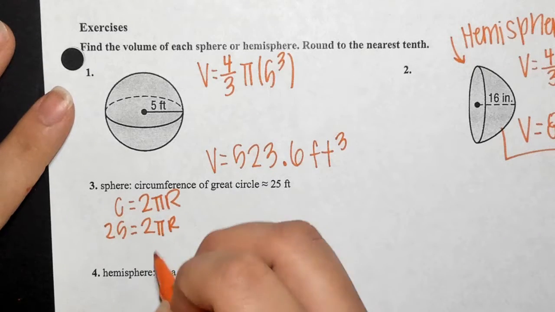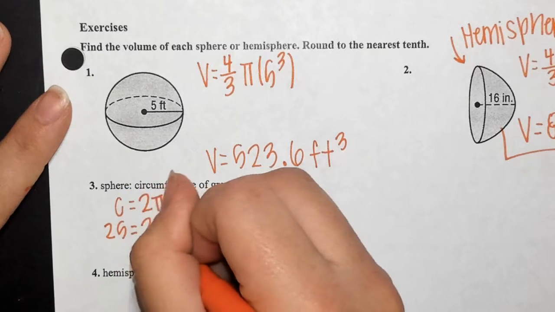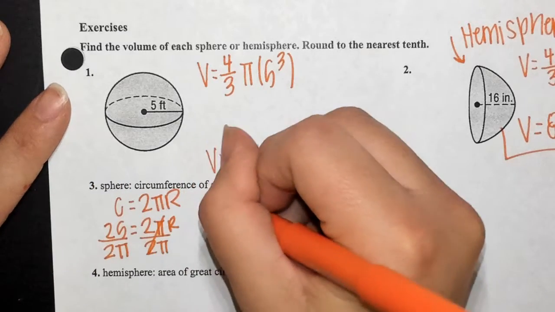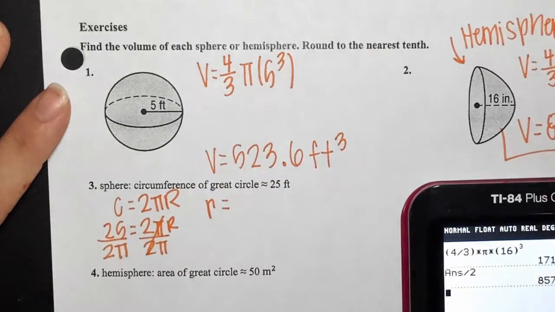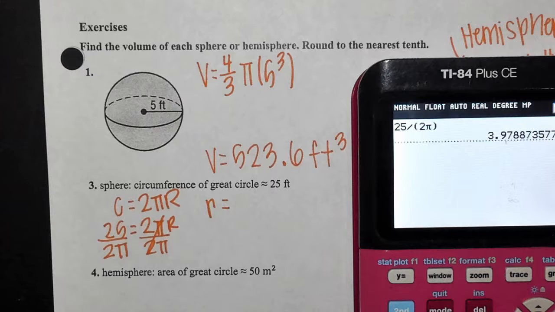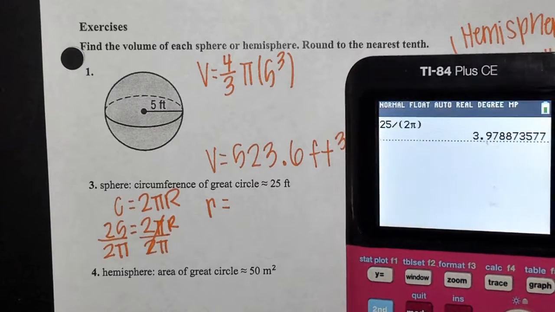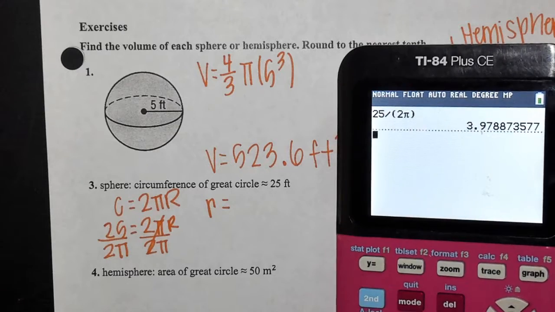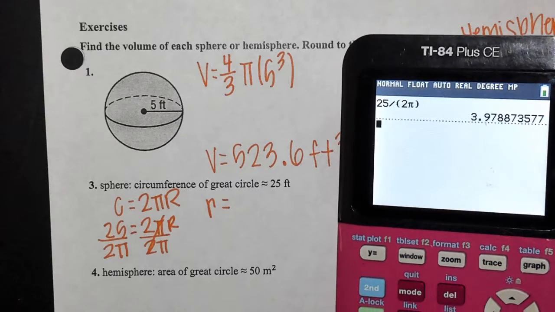Okay, so divide by 2 pi and I will get the radius. You might need to put your parentheses around 2 and pi, or it'll think you're multiplying by pi.